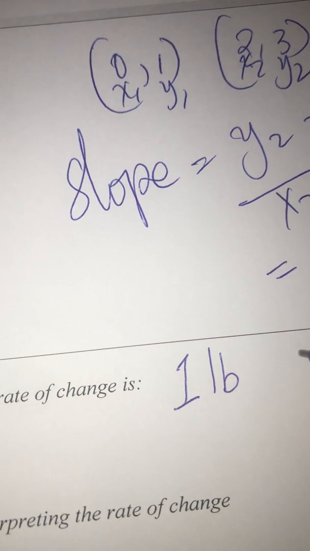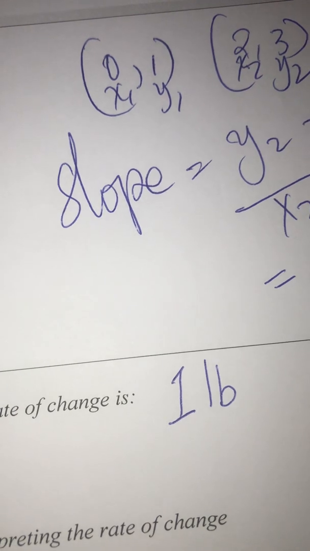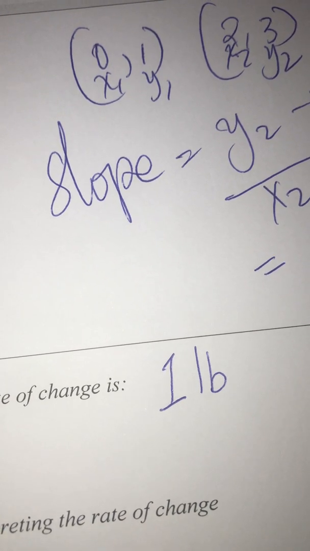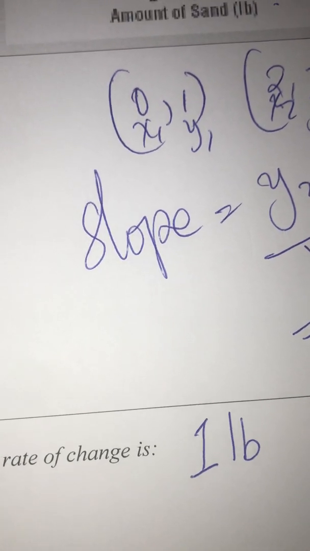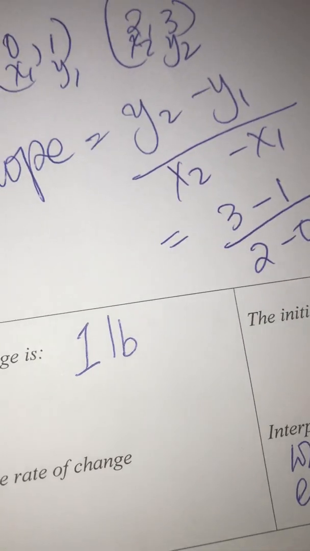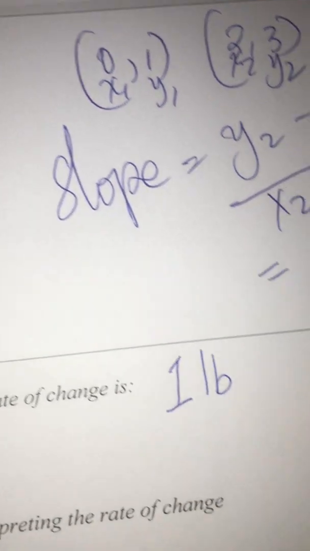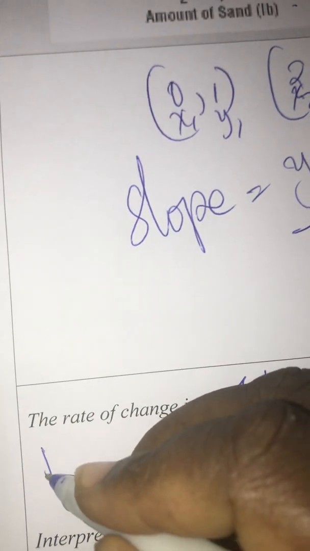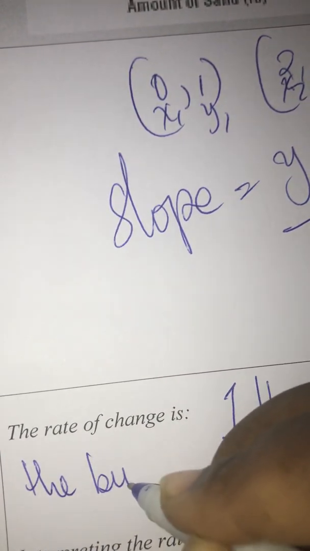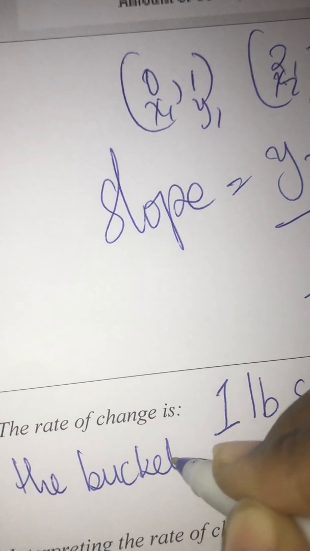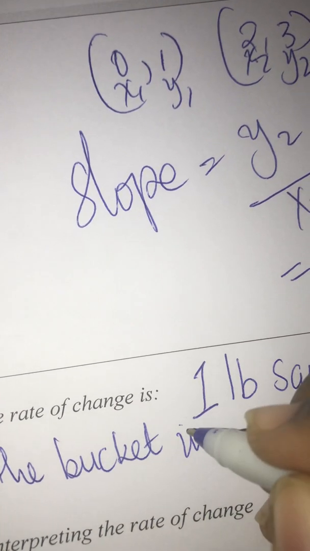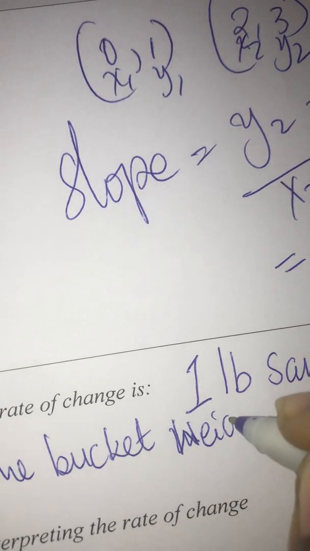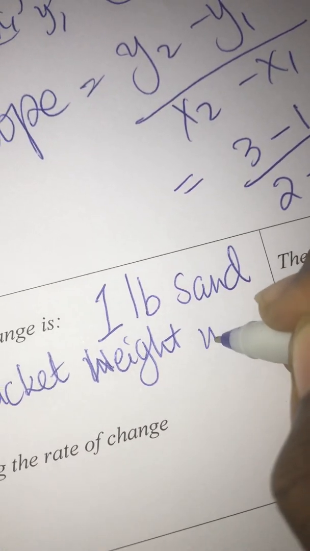pound. So every time I put a pound of sand, for every pound of sand, the bucket weight increases by 1.